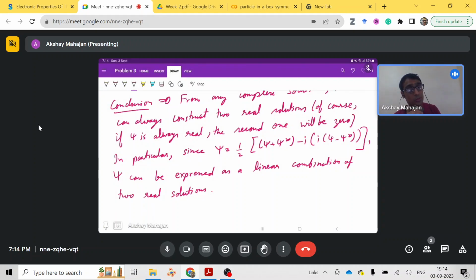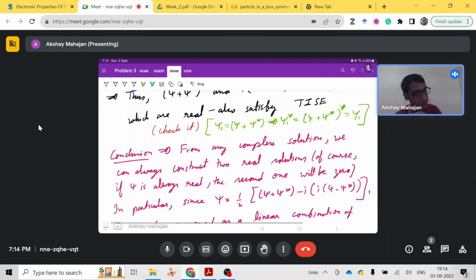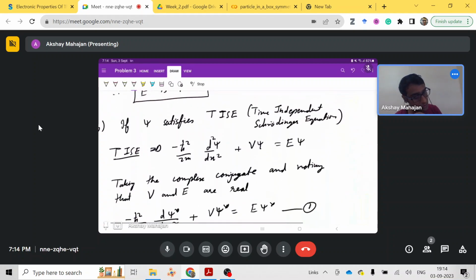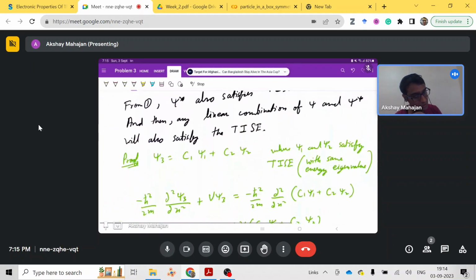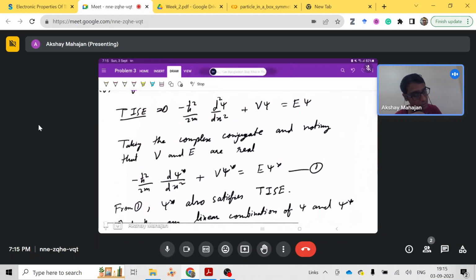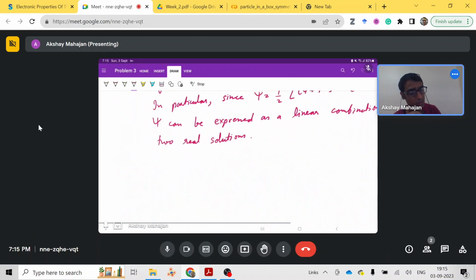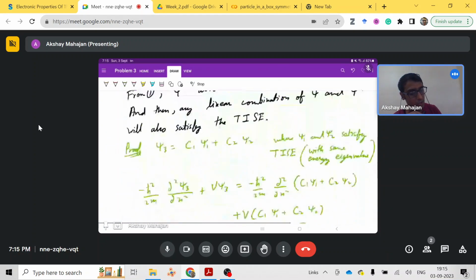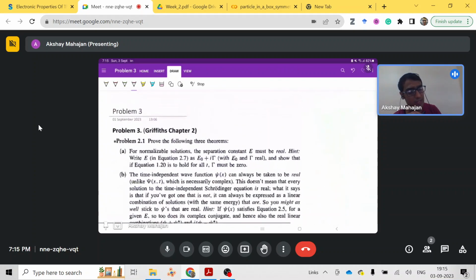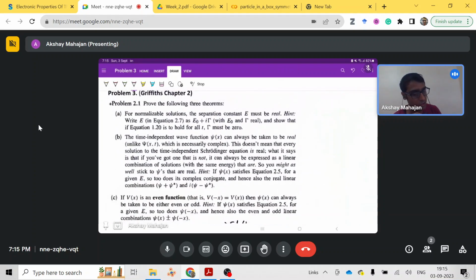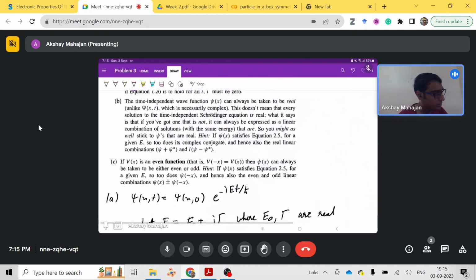Both of these will also be solutions, as you can check. Thus we can take the solutions of the time-independent Schrodinger equation to be real, because even if a solution is complex, we can always take a linear combination of it and get real solutions, as we have done here, and vice versa.